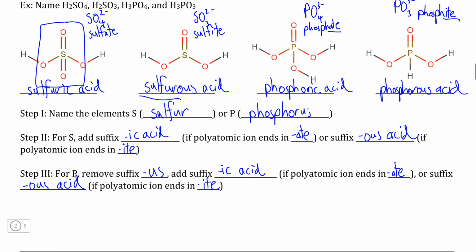So again, the rules don't really change. An ATE polyatomic ion still becomes an ic acid, whereas an ITE polyatomic ion still becomes an OUS acid, but the slight spelling irregularities necessitate this little detour here.